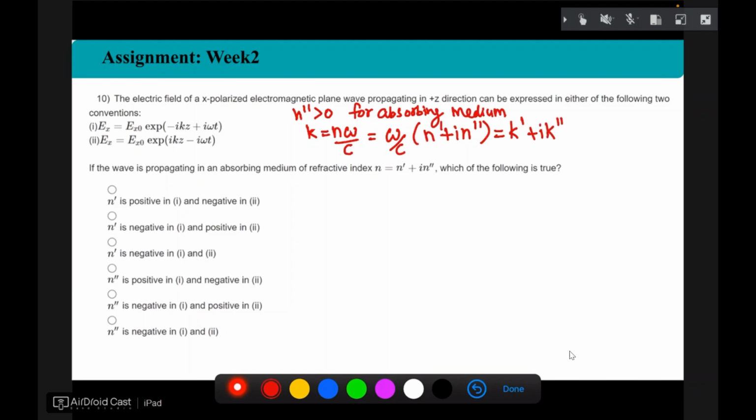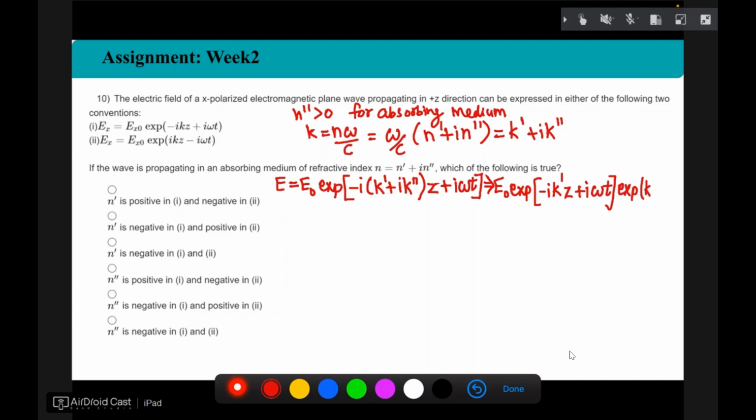If we substitute this value of k, suppose in the first equation I am substituting that, E is equal to E naught exponential minus iota k prime plus iota k double prime z plus iota omega t. What we will get? E naught exponential minus iota k prime z plus iota omega t and exponential k double prime z.